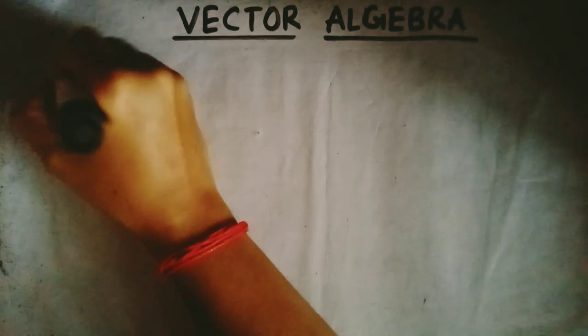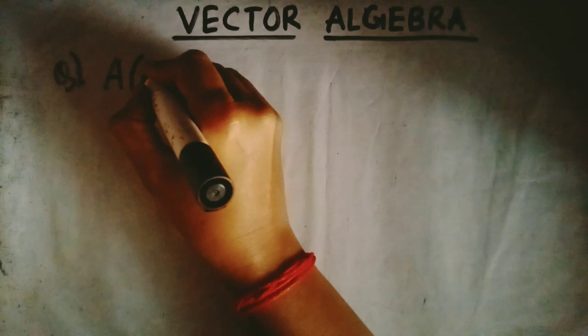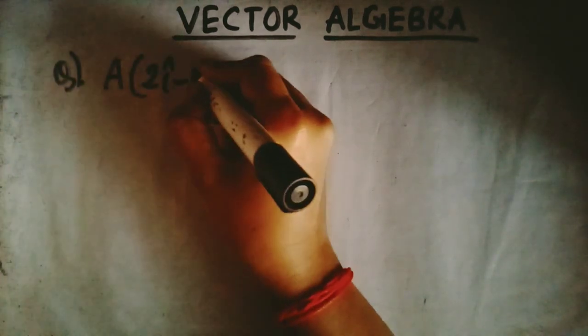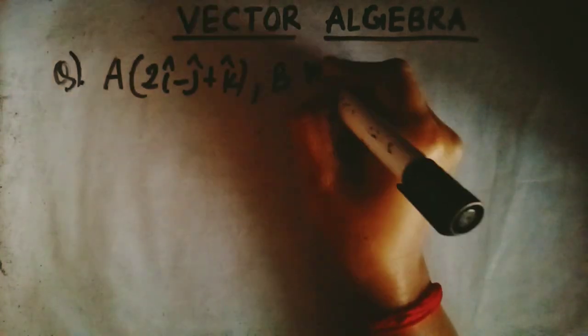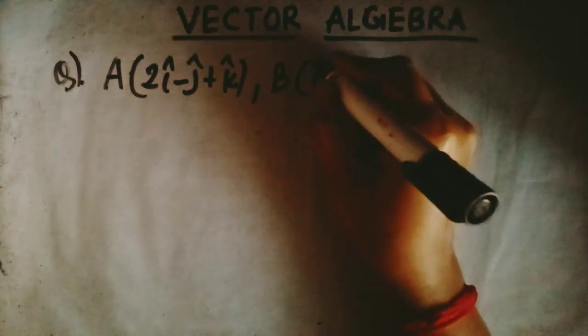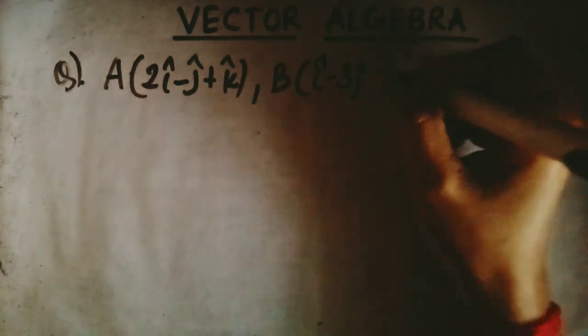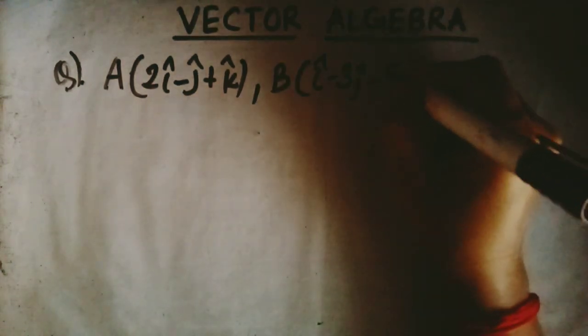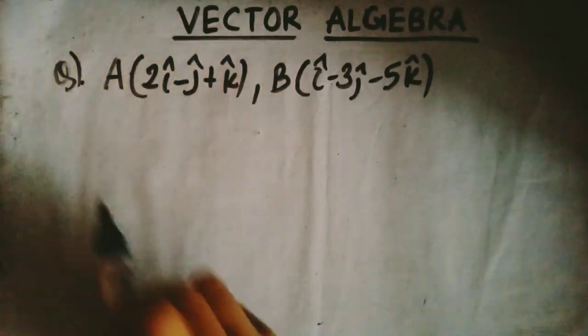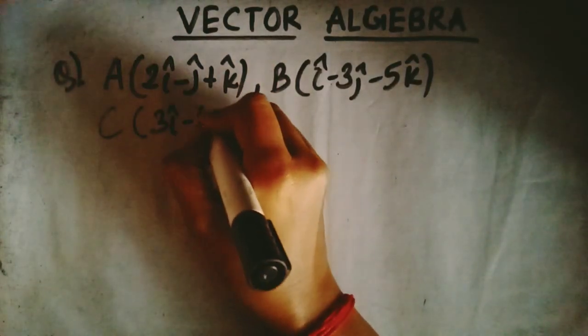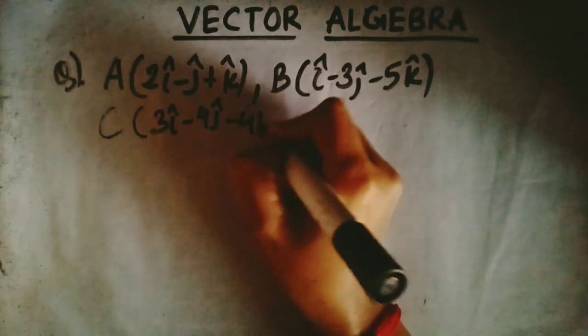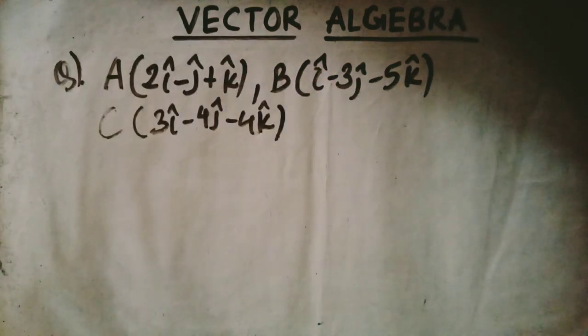Next question. Show that the points given are the vertices of a right angle triangle.